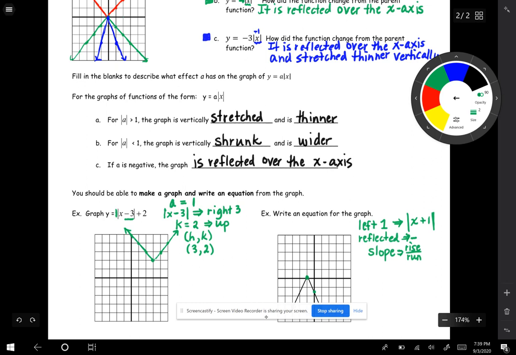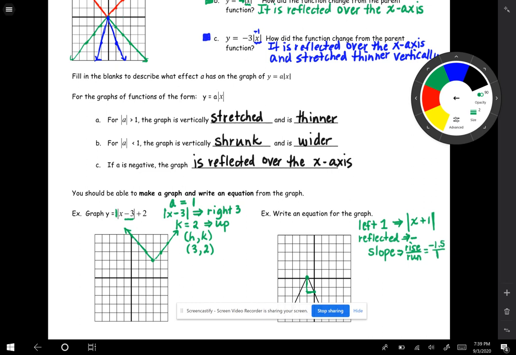So from the vertex, I'm going to draw a little triangle here. You go down 1.5, and you run just 1 to the right. And on the opposite side, you would go up 1.5 and run 1.